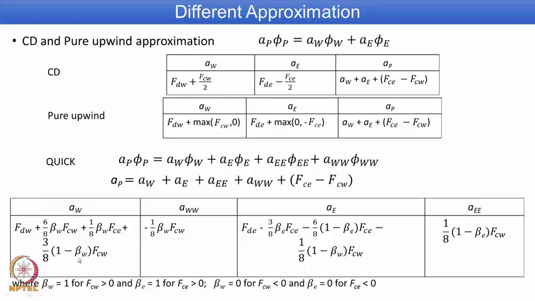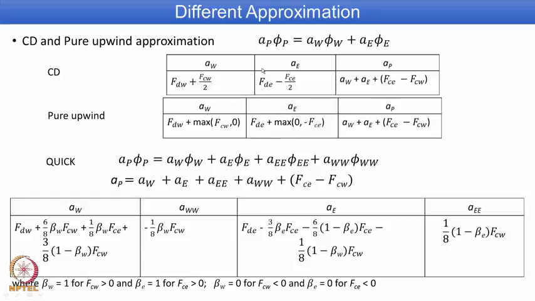For example, if beta is equal to 1, this particular term in AW is 0, there is no contribution from the west node, and the flux contribution from the west face is used here. Similarly, you can try to understand the coefficient expressions for different values of beta, and it is a generic expression. This helps in writing one code with different switching control options.